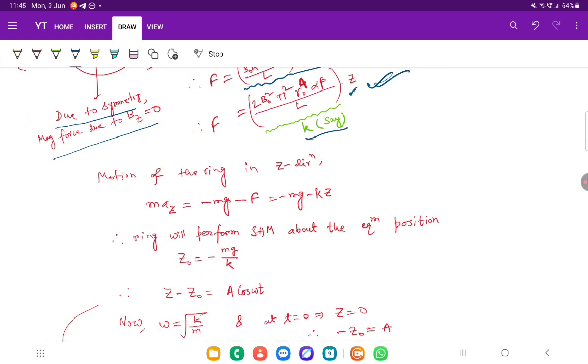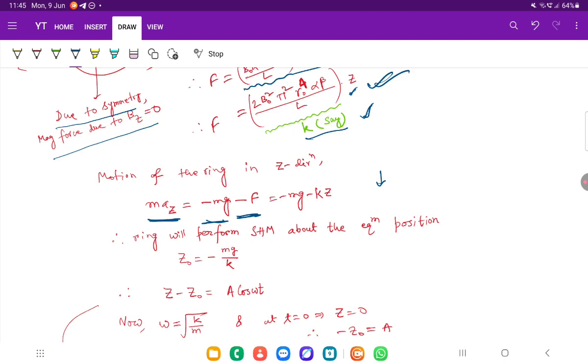So now I am writing Newton's second law of motion for the ring, that is net force equals mass times acceleration. So m a_z, because all the forces are in the z direction, so we are just interested in the z direction only. So m a_z will equal minus mg, because mg is acting downward, and according to our assumption it's in the negative z direction, and the magnetic force, that is F, we have calculated here, is also acting downward, that is the negative z direction.